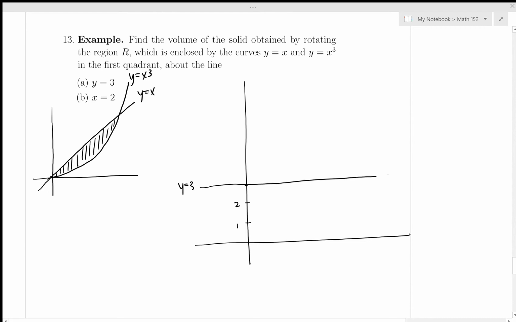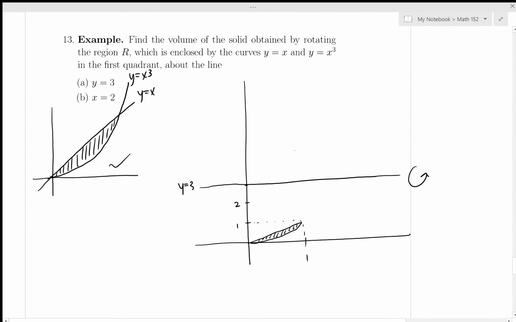That's what I'm going to be rotating about the y equals 3 axis. This region looks like this: straight on the top there and curved on the bottom. That's just a smaller version of this one right here.